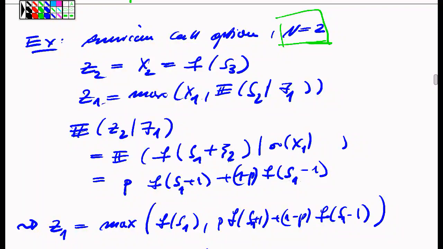Then there's one time step to t1, which is the first time step, and then there's a terminal time step. So effectively, we have to make a decision whether we execute immediately at time 0, we execute at time 1, or we wait until terminal time. Okay, so terminal time here is 2.